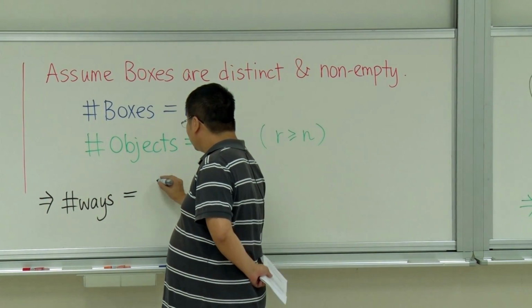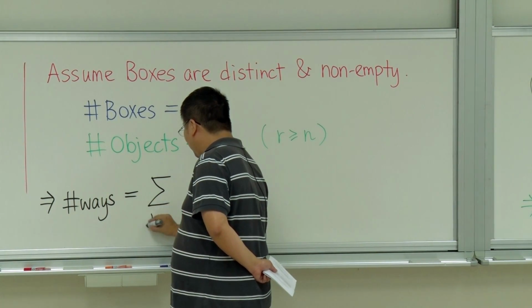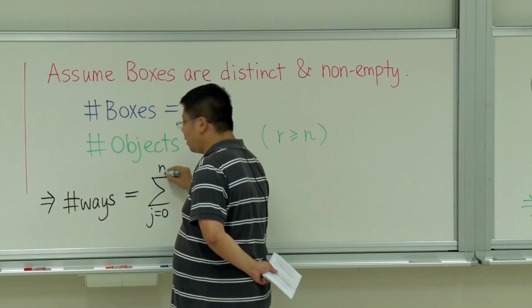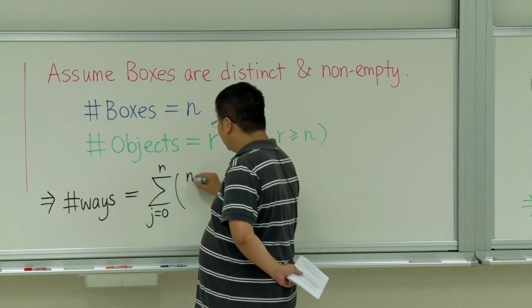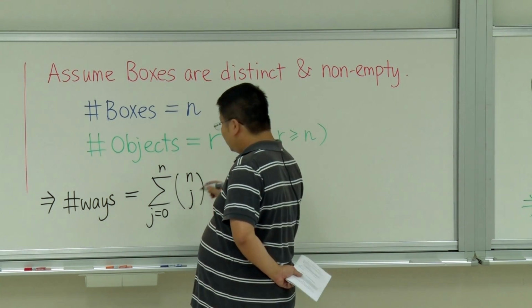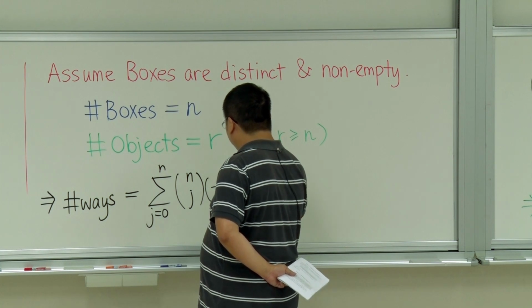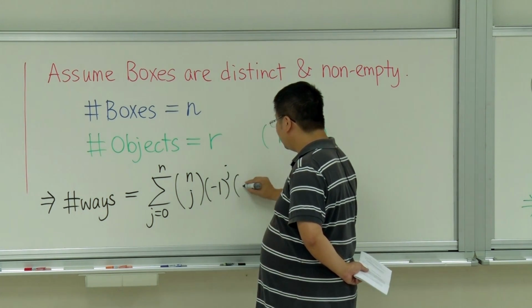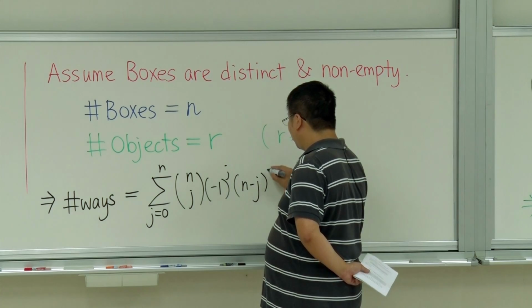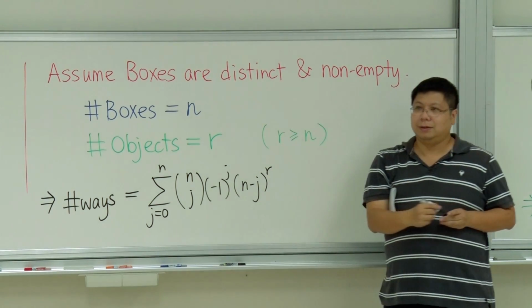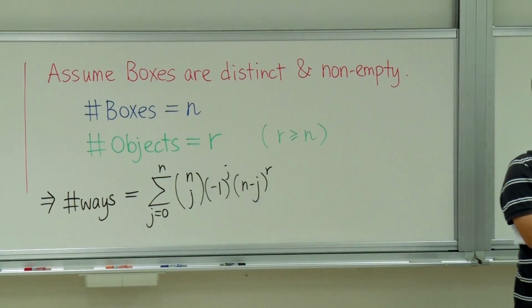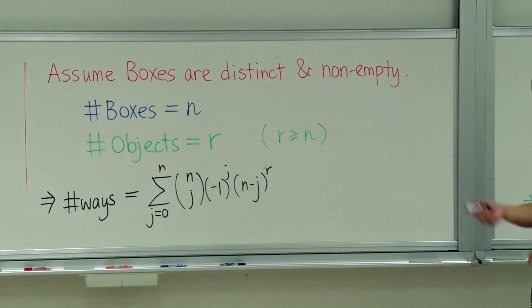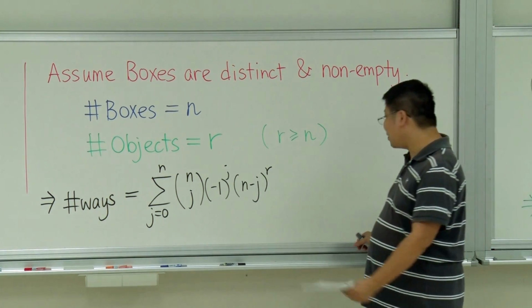This is equal to the summation of j is equal to 0 up to n, n choose j, multiplied with minus 1 to the power j, multiplied with (n minus j) to the power r. Okay? Very, very strange. Yeah, let's double check if it is correct. Is that okay?